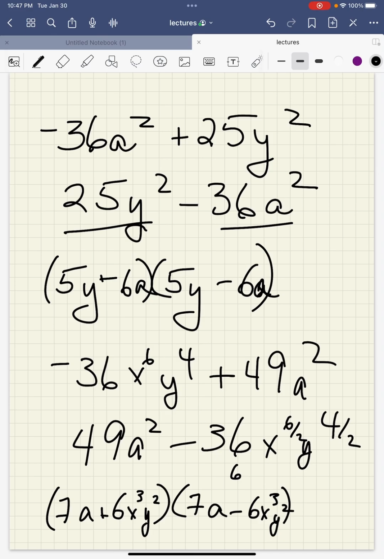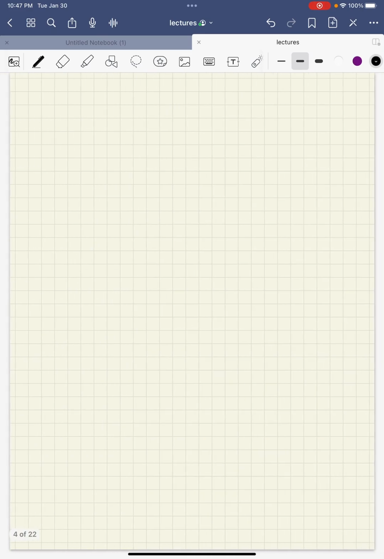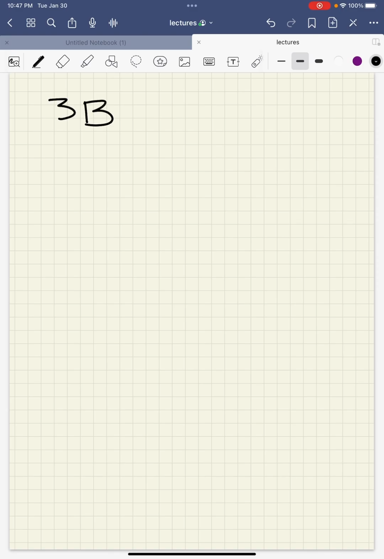All right, next topic in this lesson is probability without replacement. So if you pull something out, you don't put it back in. The first part says, an urn contains 3 black marbles and 5 white marbles.